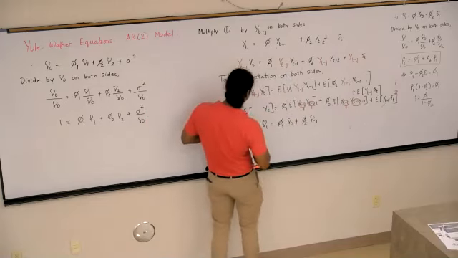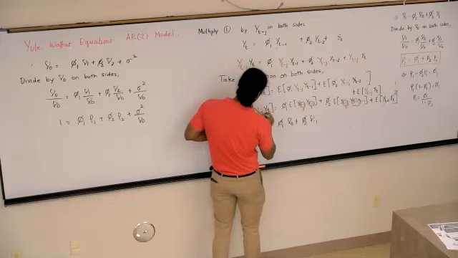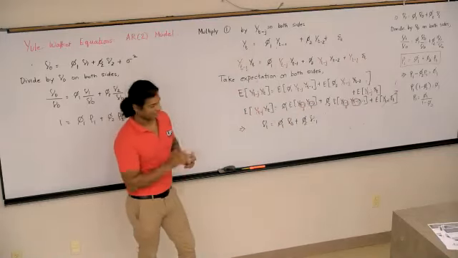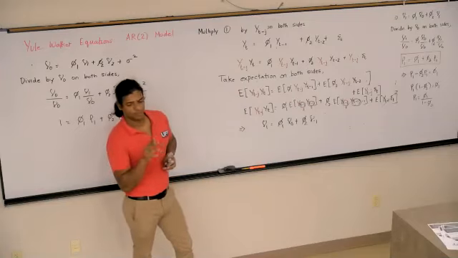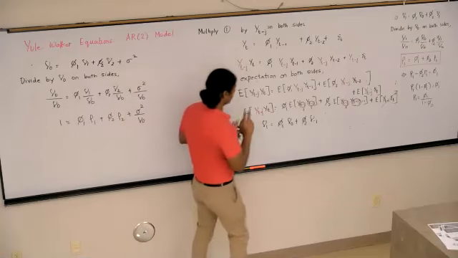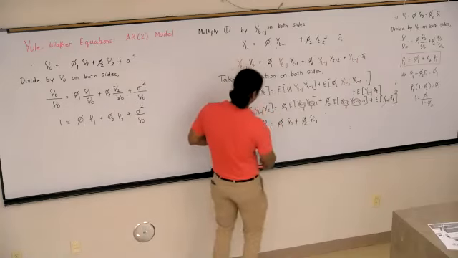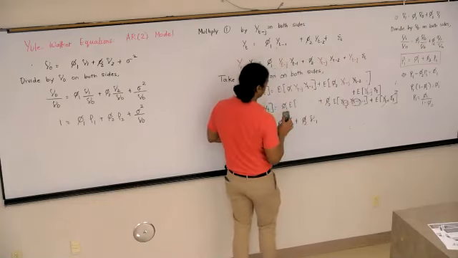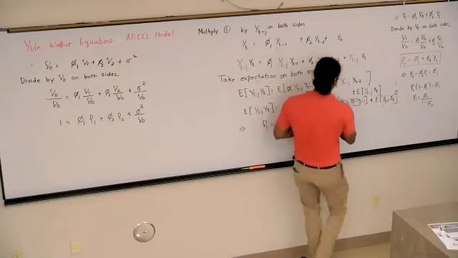So the key here is to match the time indices, right? If I can match them somehow, then I can come up with the autocovariance. So how do we do it? This is the trick that I'm going to employ.